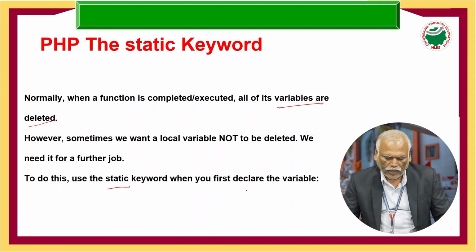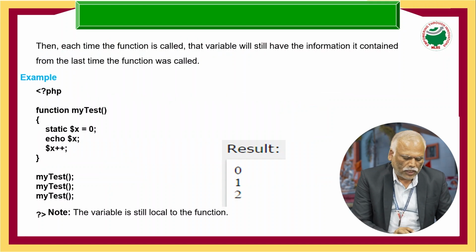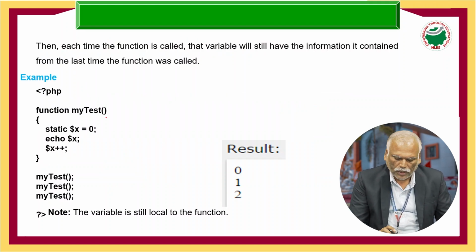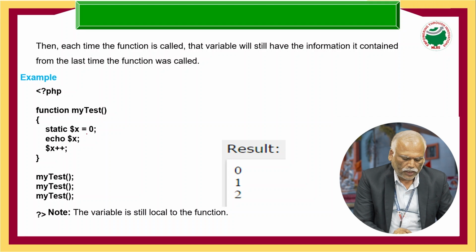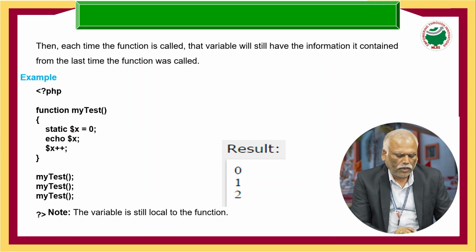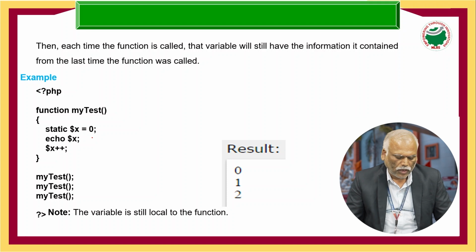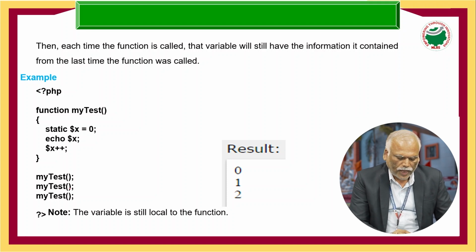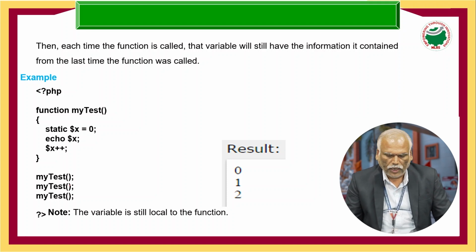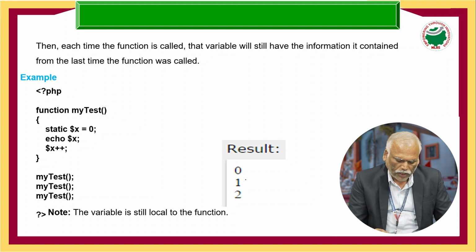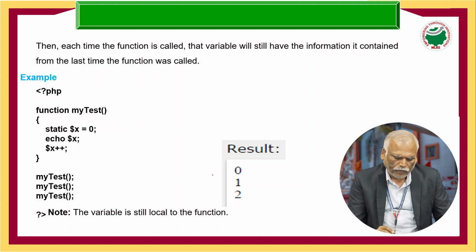This is how the static declaration works, as in this example, function myTest, where the local variable static $x equals 0, which will display the x value after executing. Again, if we execute this, it displays 0, 1, 2 as many times as it is called, and the value will be retained.